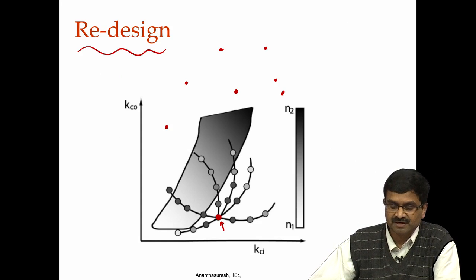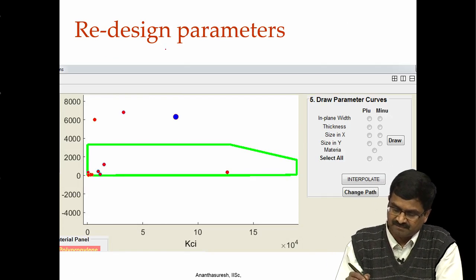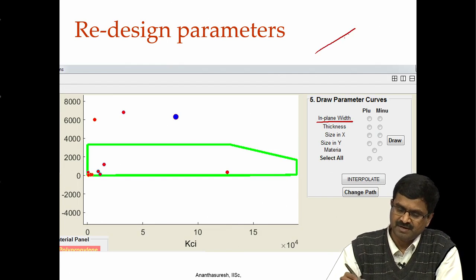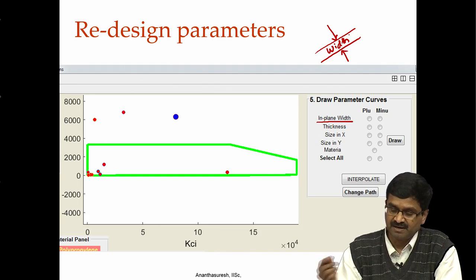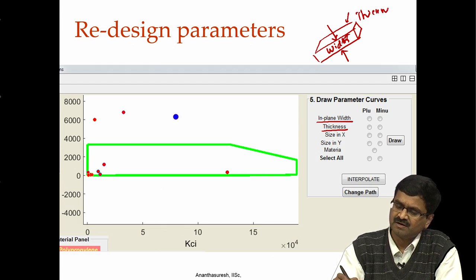What are all the things that we can redesign? There are a number of parameters for redesigning. One is the in plane width of the members. So, if you have a beam, there is an in plane width, this width, which you can vary in the compliant mechanism. You do not change the size, just change the in plane width or thickness. It may have some thickness here, and that thickness can also be varied.